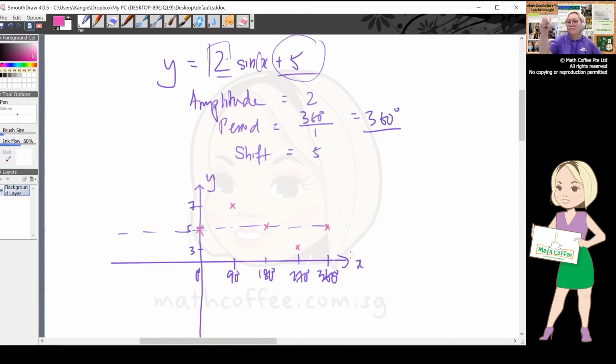So plot the 5 points, then it's easier for you to draw the shape. So it'll be like that. Sorry, whole day teaching already, so dull. Then after that, like that. So this is the graph for y equals 2 sine x plus 5. And you're done.